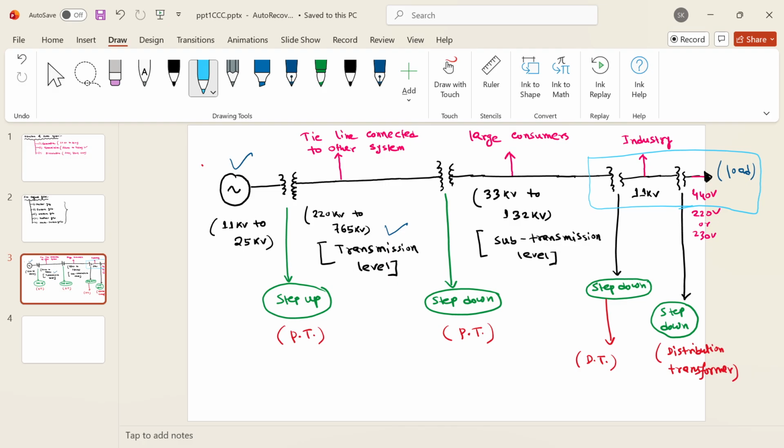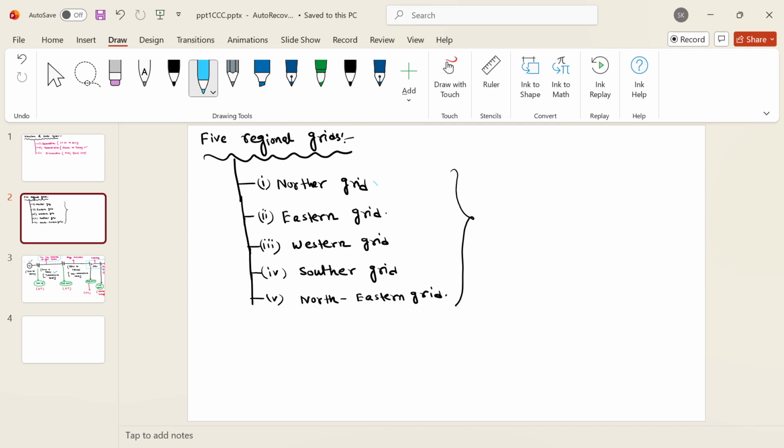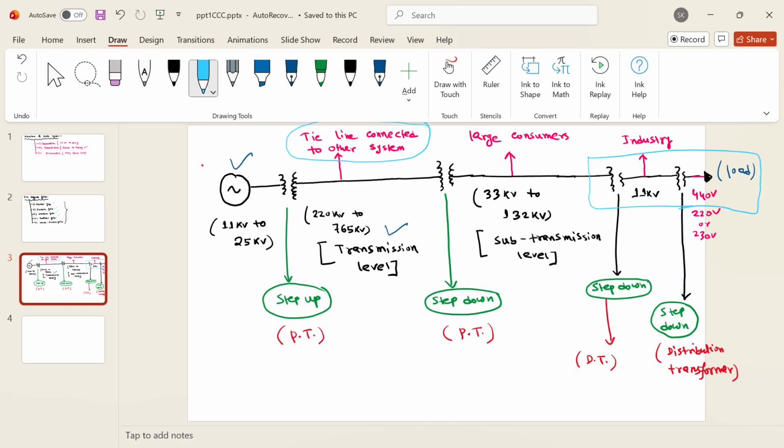Okay, and this particular tie line is connected to another system. You can think of these tie lines as basically connecting these grids all together. So they are interconnected systems and they form a mesh network, and they share power between themselves.